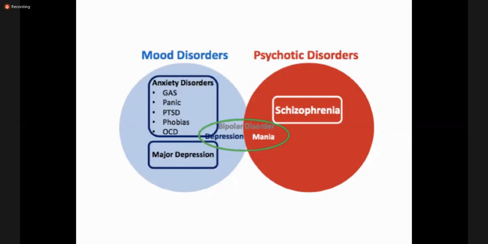And mania basically is a state which can have psychotic symptoms or psychosis, which includes hallucinations and delusions. So here we have an overlap between the two. Just look at the image again and you will understand that mania basically is a mixture of mood symptoms as well as psychotic symptoms. But it is a feature of bipolar disorder, which is a mood disorder. So there's a minor overlap over here.